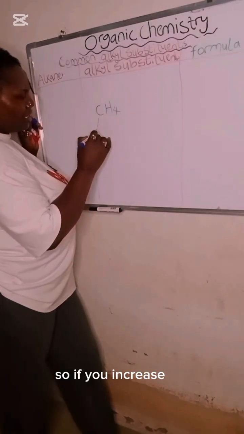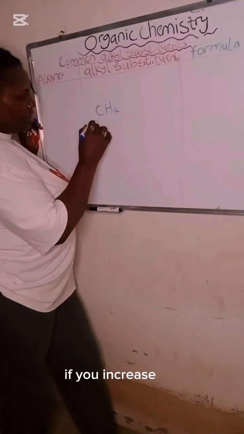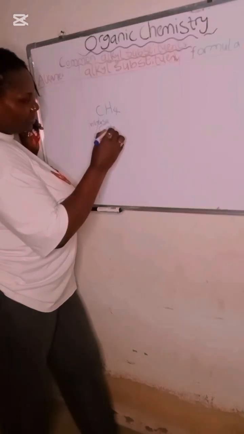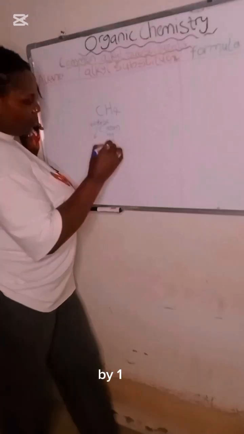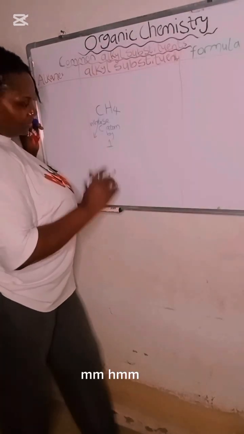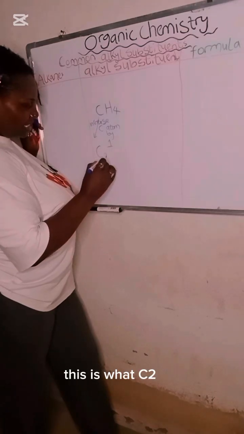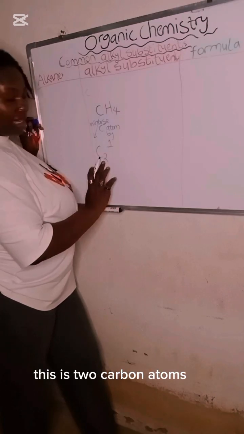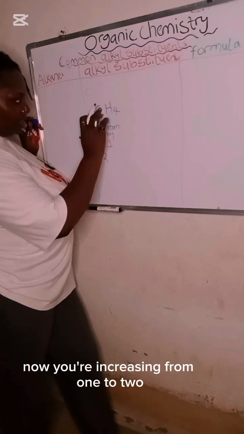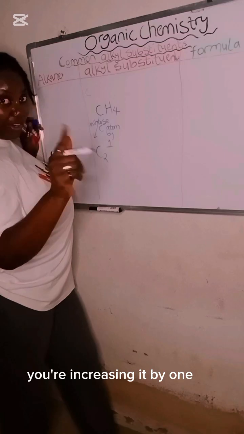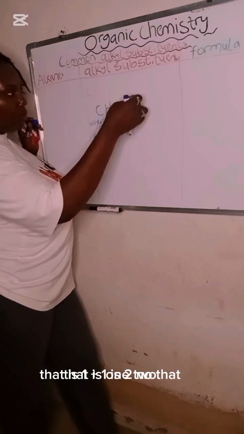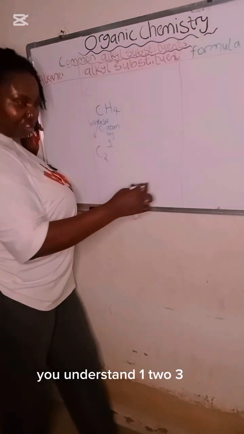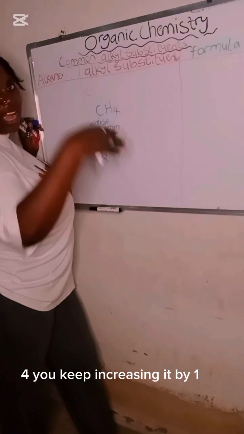So if you increase the carbon atom by 1, this is 2 carbon atoms. Now you are increasing from 1 to 2. You are increasing it by 1. That is 1 plus 1. You understand? 1, 2, 3, 4. You keep increasing it by 1.